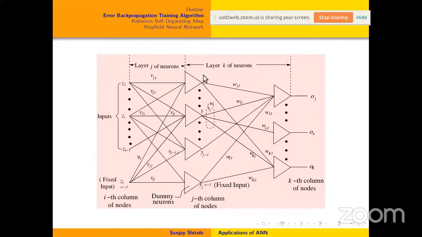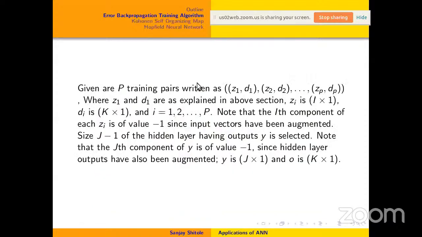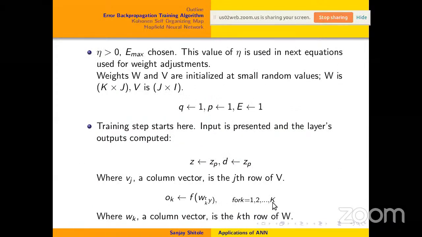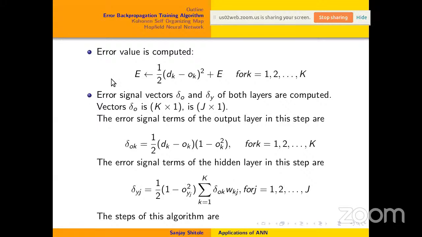Hidden neuron outputs are referred to as Y. Output neuron outputs are referred to as O. Weight values for the output layer are W. At the input layer, weight values are denoted with V. Y is used for the output of the hidden layer. So observe this equation: O, the output, is equal to the sigmoidal function of net. This is called the net value. That's all.